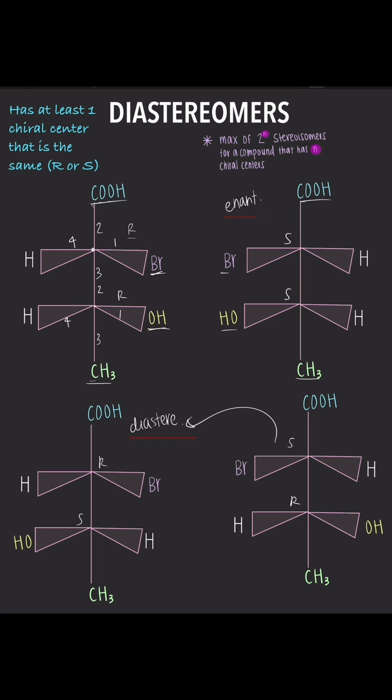In this case, this R and this R are the same. Even though this S and R changed, at least you had one that was the same. In this case, your R here is here and your R here is here. This went from R to S, but at least you have this R that is the same.